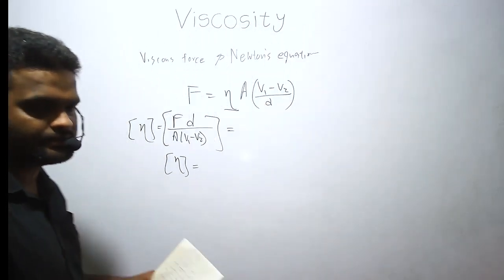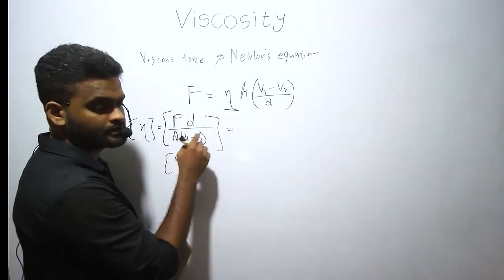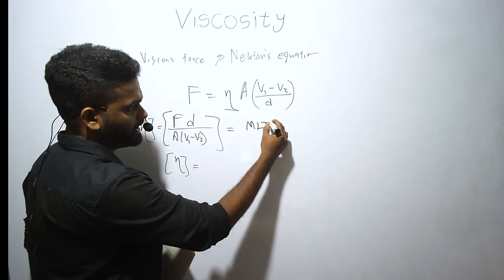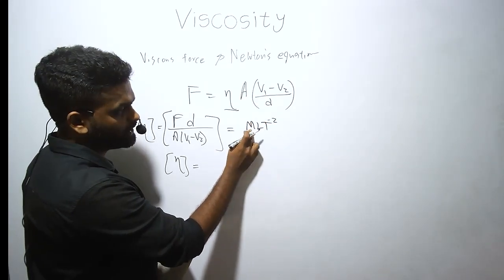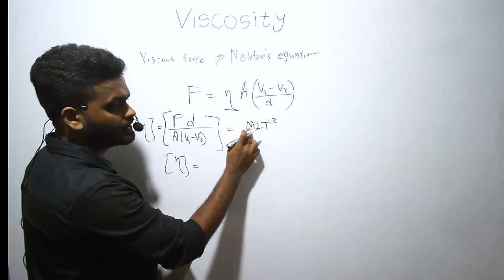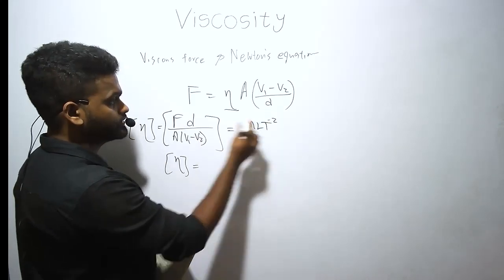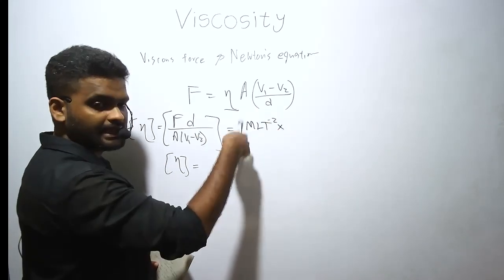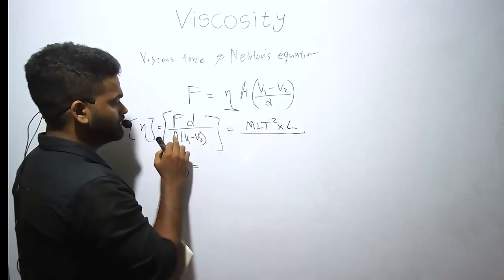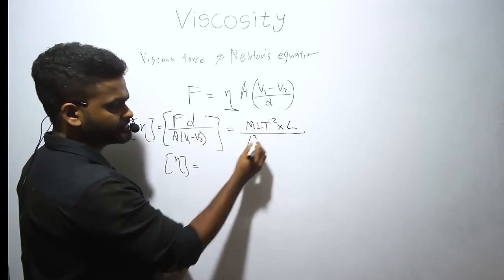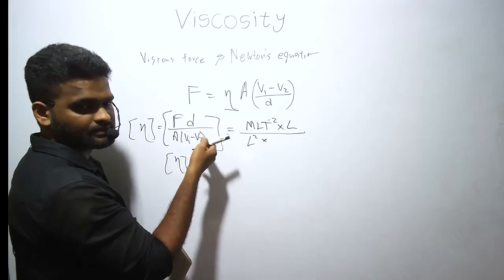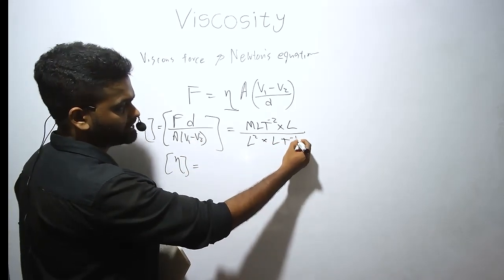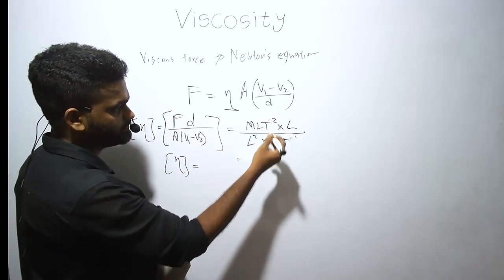Okay, right. Let's see. So force is M L T minus 2, right? F equals m a, m times acceleration. M L T minus 2, that is force. D is a length. This is area, so length squared. This is a velocity. Velocity difference means just a velocity, so that is L T minus 1. Now you have to simplify this.